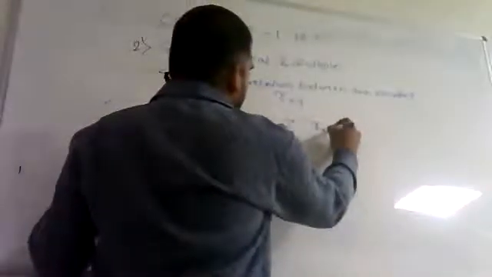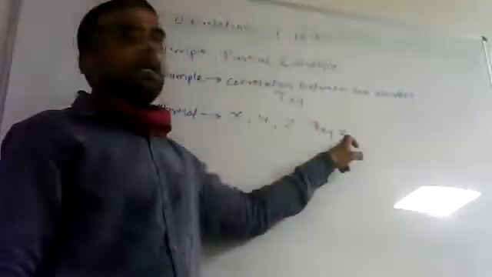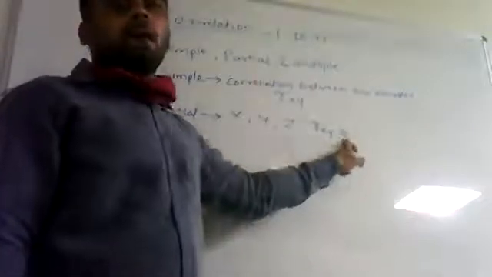Then partial correlation is the correlation between two variables, removing the effect of other variables. That is Rxy.z. It shows the partial correlation between x and y, removing the effect of variable z.